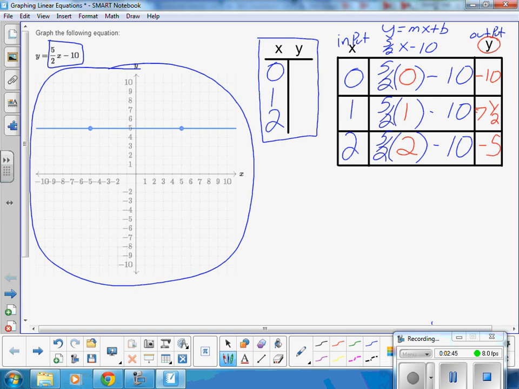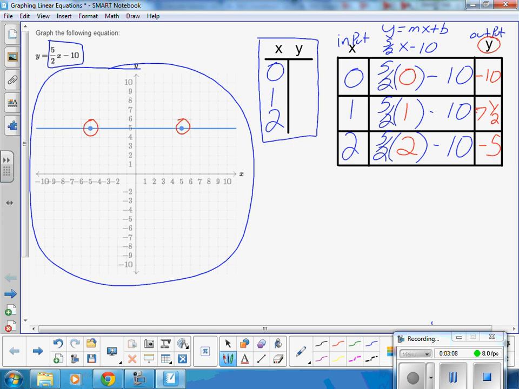I would then plot those points. Only right now, as I'm doing it on this, you would just move your blue points, the 2 of them, to any of those 2 values over there. Now, some of you might ask, well, why did I do 3 of them if I only need 2?